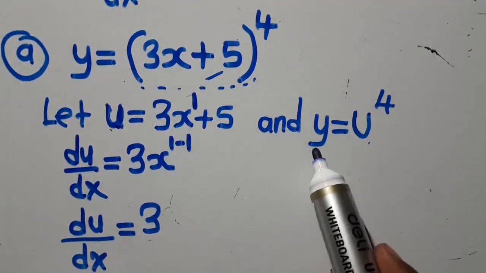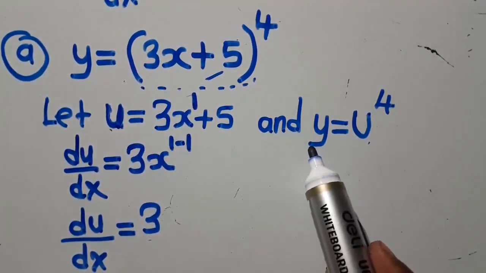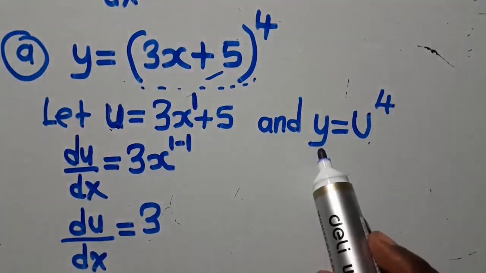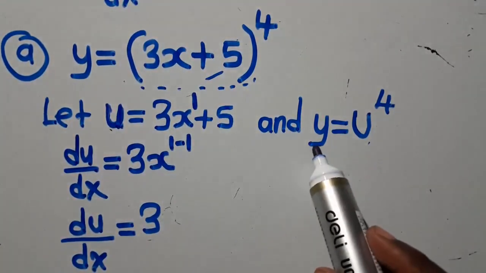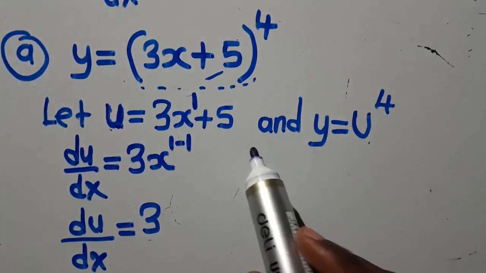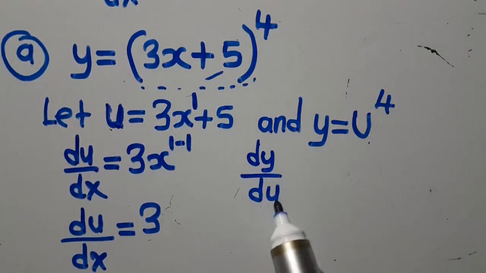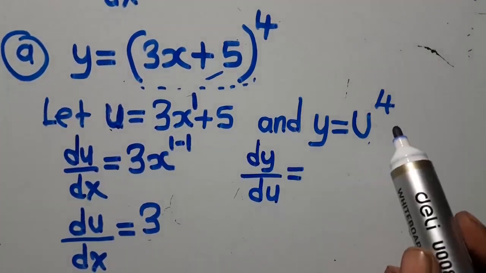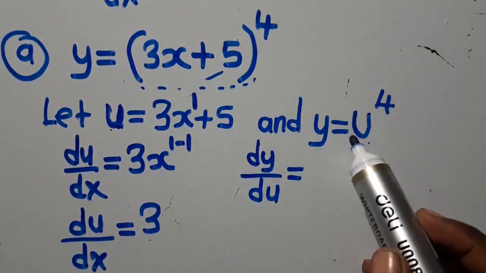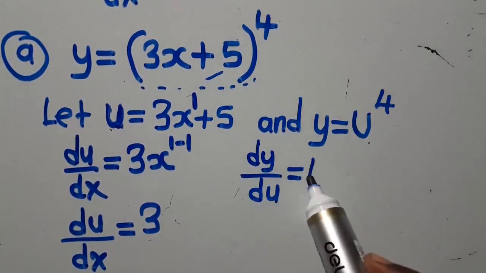I now move to this one, where I'm differentiating y with respect to u. So dy/du is equal to what? Here the coefficient is 1, so 4 times 1 is 4.